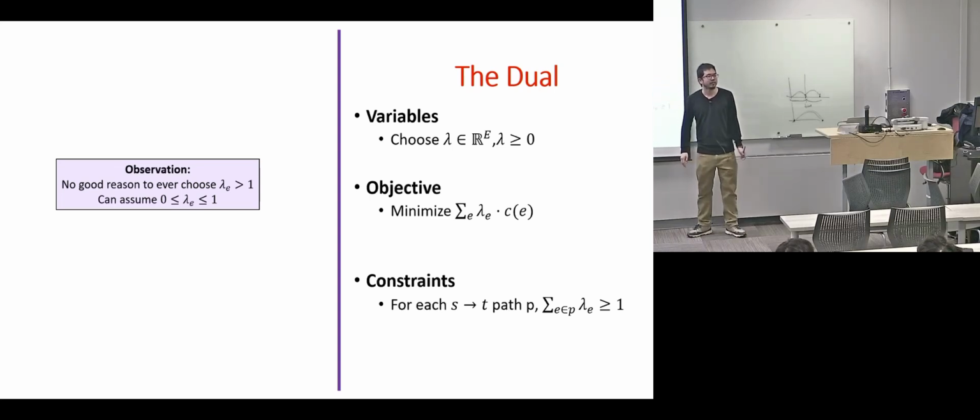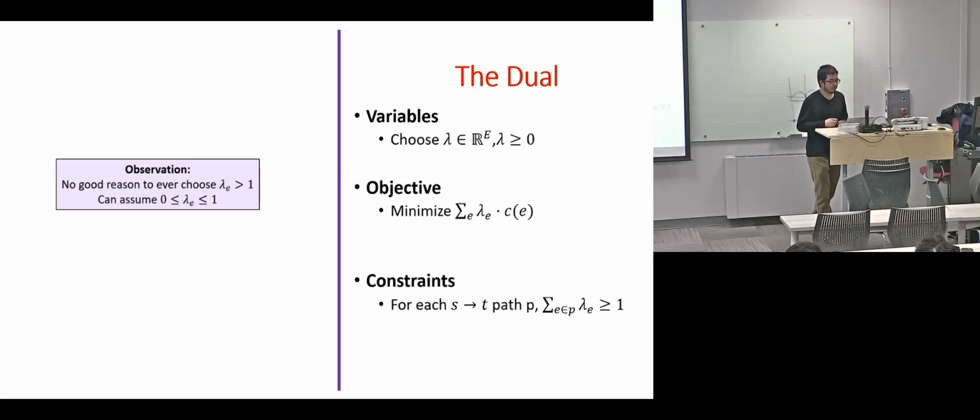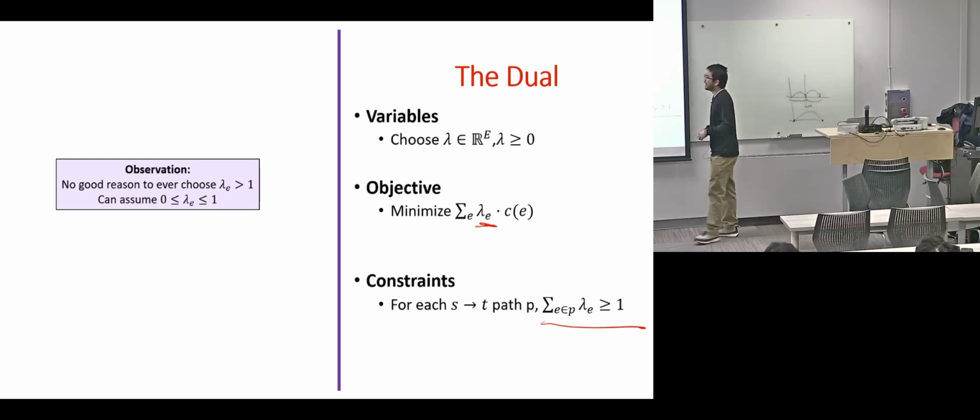Can you explain, is lambda e just the constraint variable, or does it have some significance in the context of the problem? Lambda is this variable, and we have a constraint for every path. Right now we are actually in the process of interpreting what lambda e means.